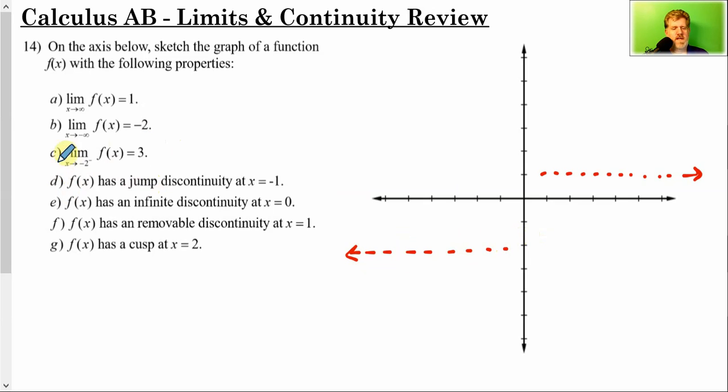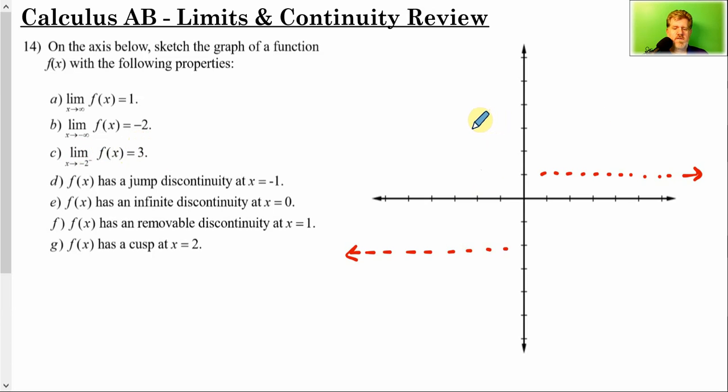I know that the limit as x approaches negative 2 from the negative side. So from the right side? From the left side. So bad with that. From the negative side. Negative 2 from the negative side. That the limit is going to be 3. So here's negative 2, 1, 2, 3.